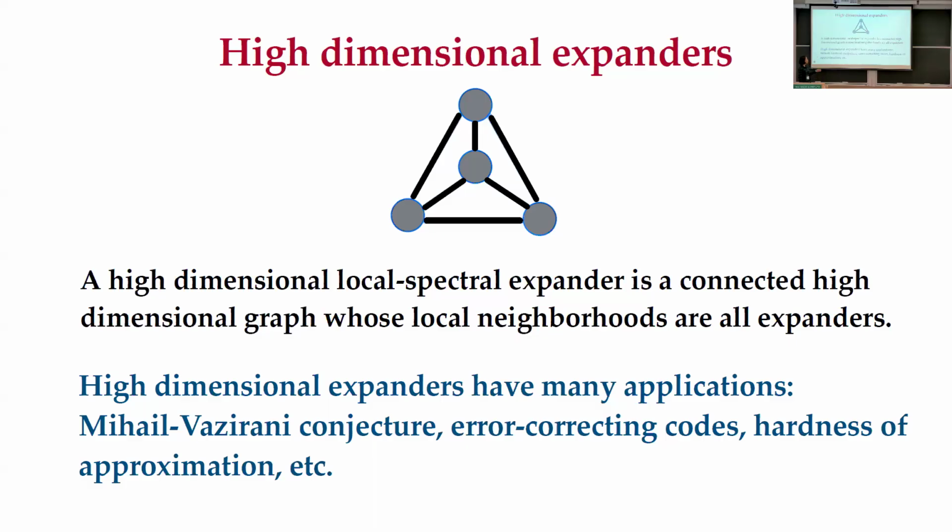Also, as Rachel mentioned, they played roles in building really good locally testable codes and quantum low density parity check codes. They also have applications in hardness of approximation, in constructing explicit hard instances for resolution proof systems, for example for the KXOR problem, and also in more recent work in proving parameters of the PCP theorem.